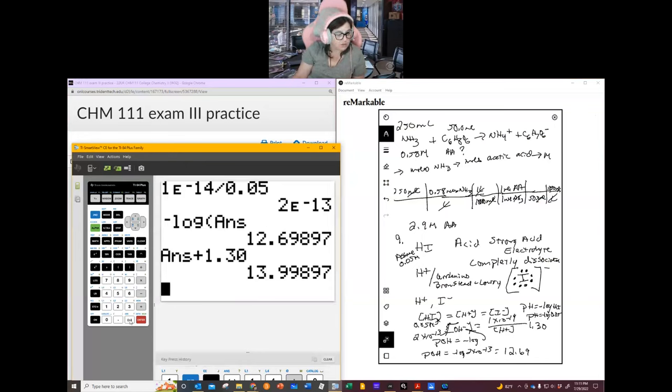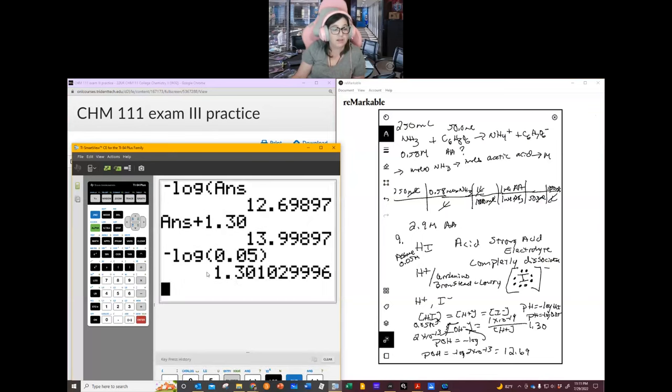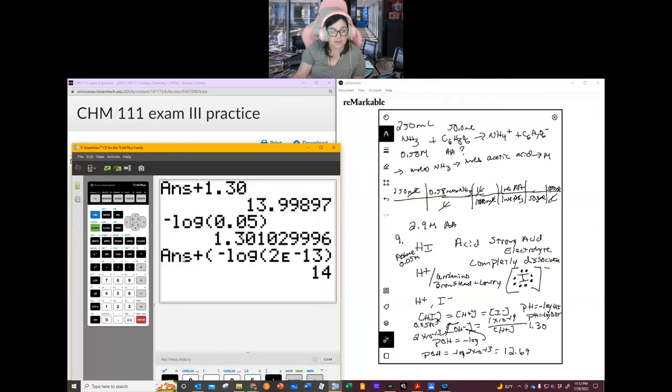So if I took the negative log of 0.05, if I had used all of these digits plus negative log of 2 e negative 13, if I take those two numbers, that gives me 14, which is exactly what I would expect.